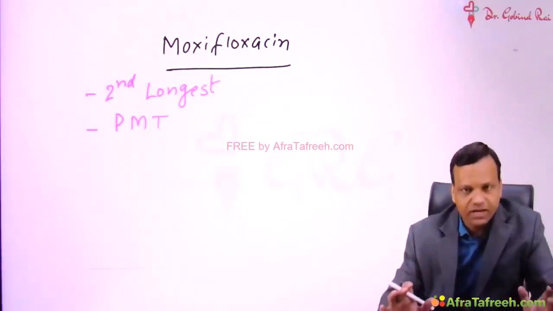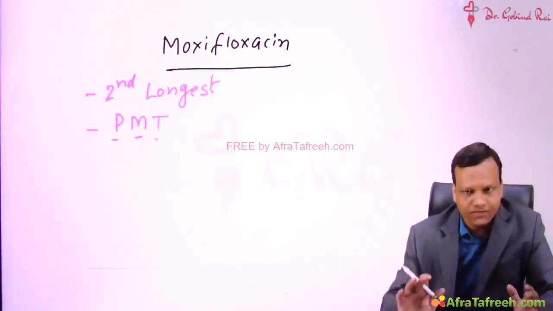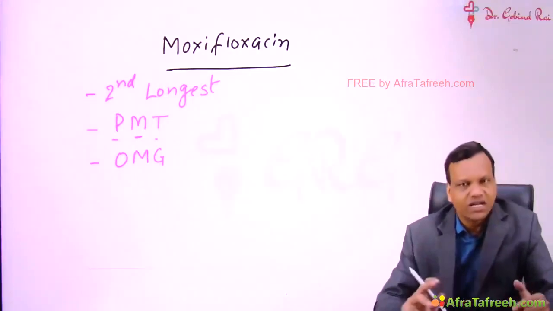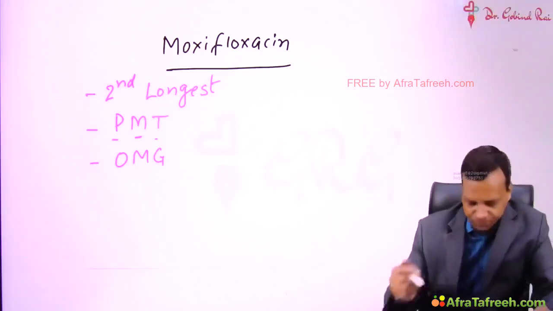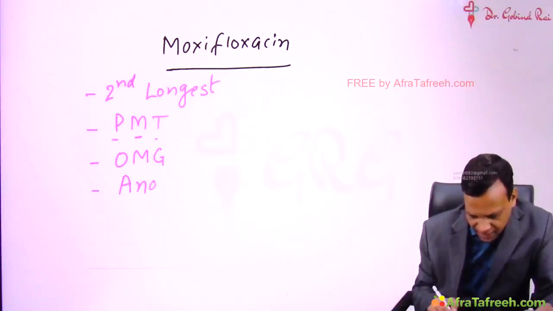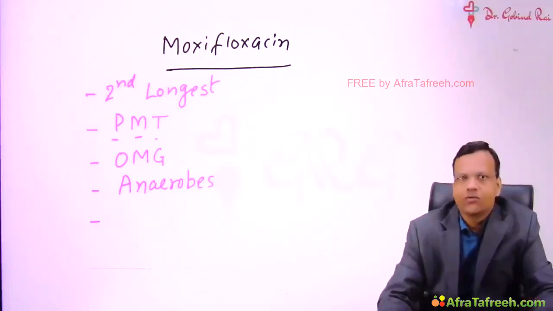Remember, safe in renal failure: pfloxacin, moxifloxacin, trovafloxacin are safe in renal failure. Third, it is one of the oh my God drugs also, meaning it is a respiratory fluoroquinolone, with the widest spectrum, used for so many infections. Apart from that, moxifloxacin is also effective against anaerobic bacteria. So these are the important points regarding the fluoroquinolones.